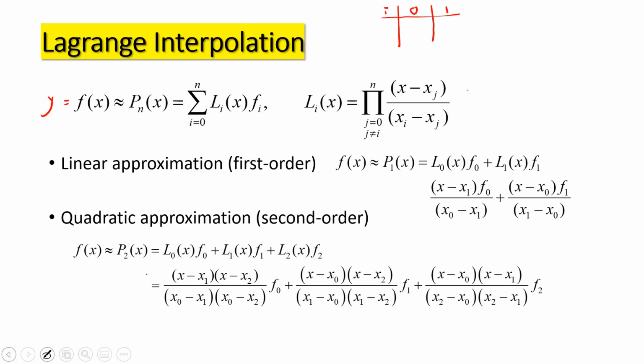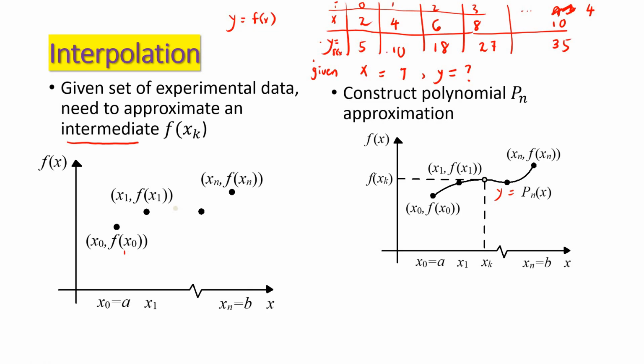I want to move back here. Then if you move to this problem, if one estimates x equal to 7, you take 6 and 8. So this is a linear approximation. And then if you take 3 points, you may take 4, 6, 8. So 7 is still inside the list, so this is quadratic, or you may take 6, 8, 10, also okay since it is inside the list. Of course, if you take 4, 6, 8 or 6, 8, 10, the answer will be different.